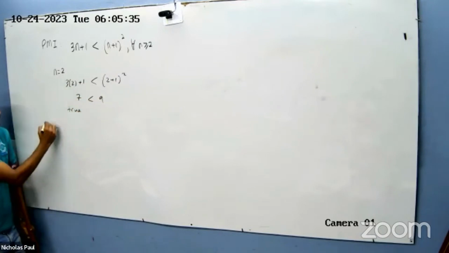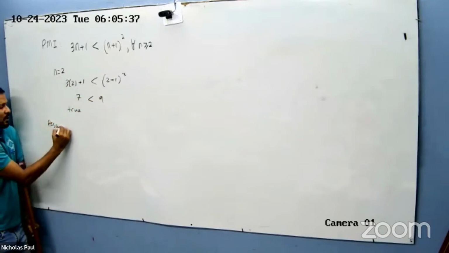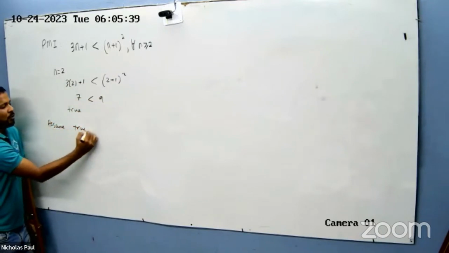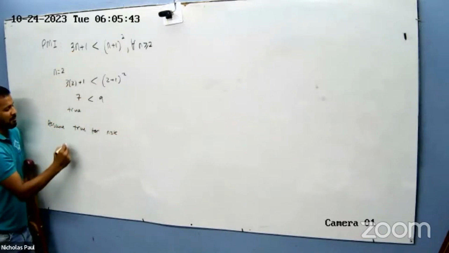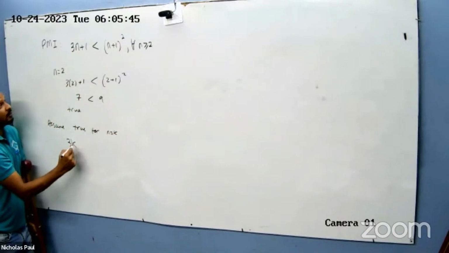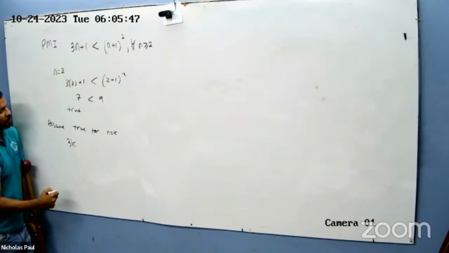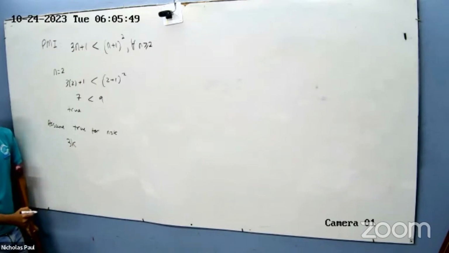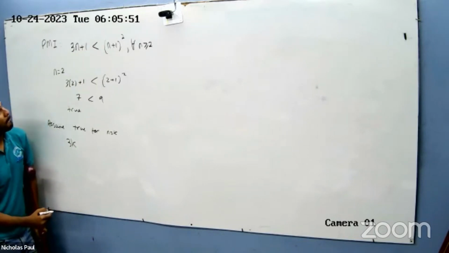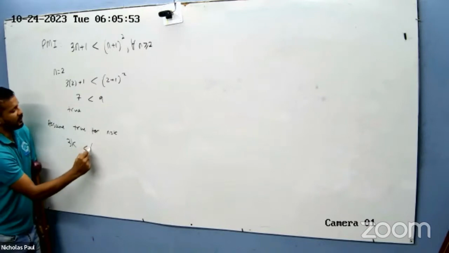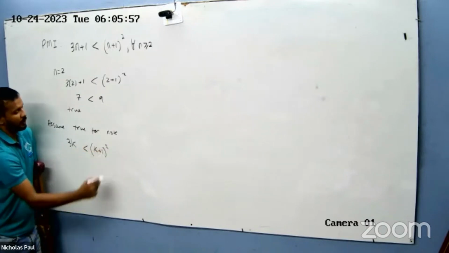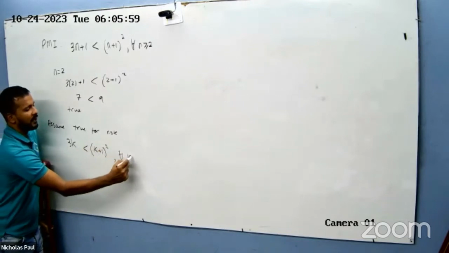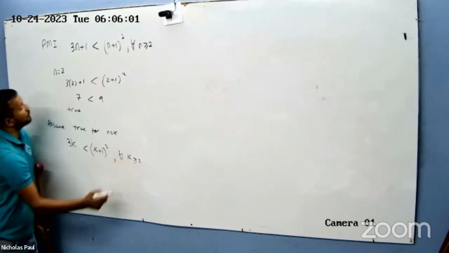Okay, next. You want to assume true for n equal to k. So everywhere you have n, put k, right? So 3k plus 1 is less than k plus 1 squared, for all k more than or equal to 2.